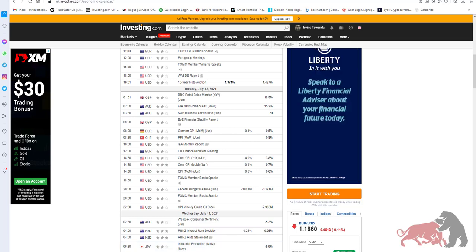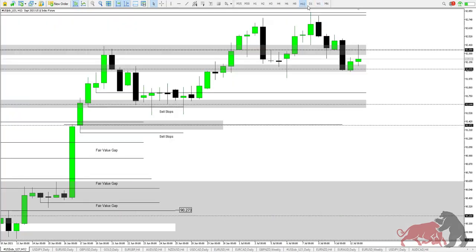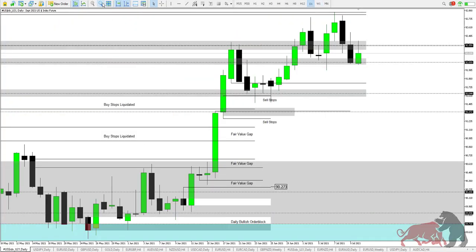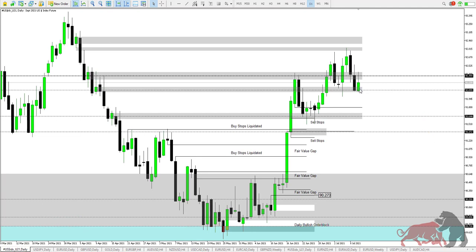Now when we come to the chart, we can clearly see on a daily time frame, right, dollar traded to 92.099, which was the target for last week's short positions, right? I told you to expect dollar to find support around that price point. Now we also have this area here.